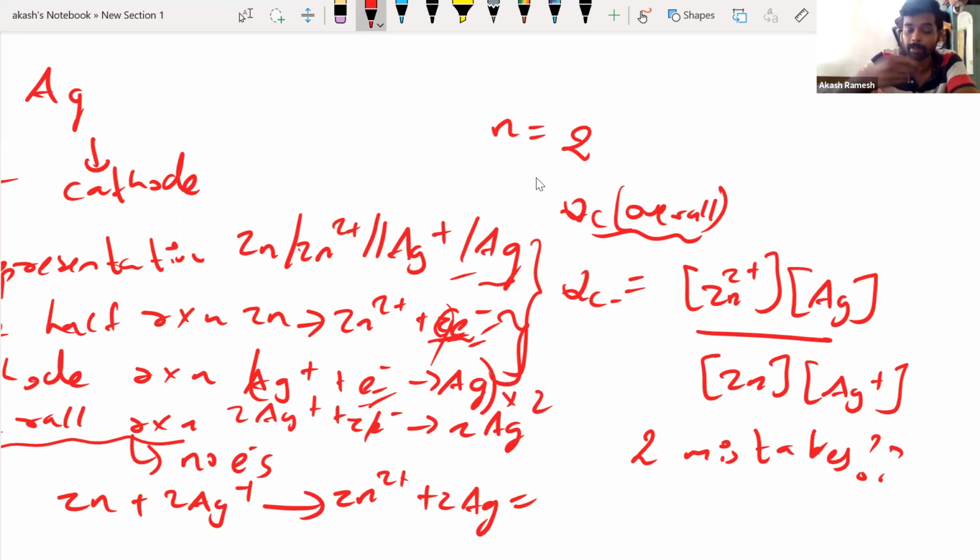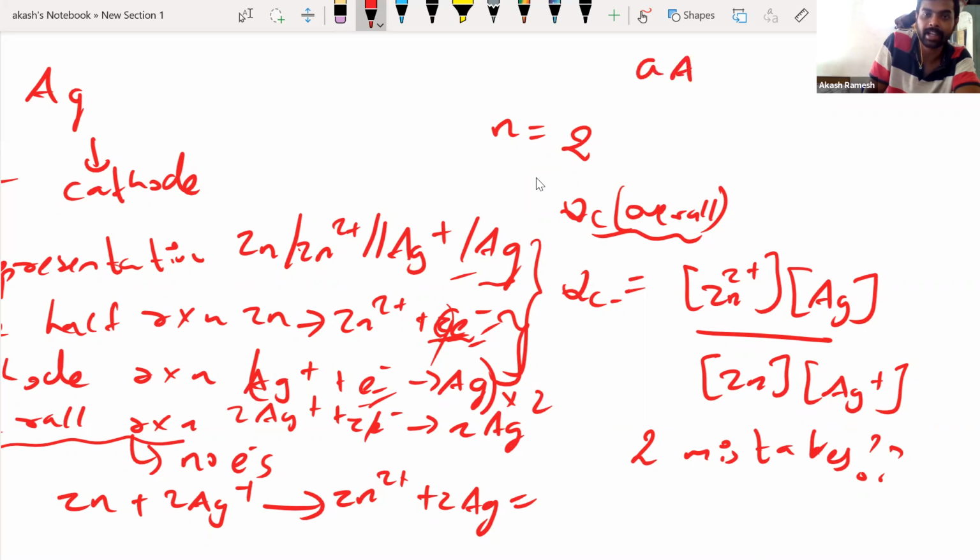Absolutely. 2 should come in the power of Zn2+. Do I have to put 2 based on the charge or anything else?